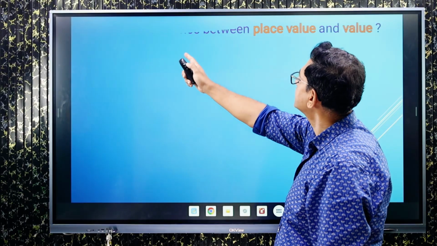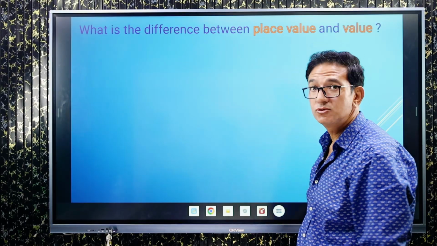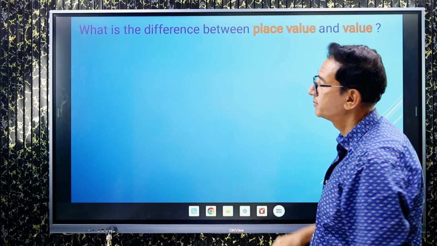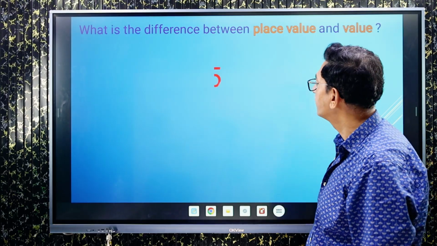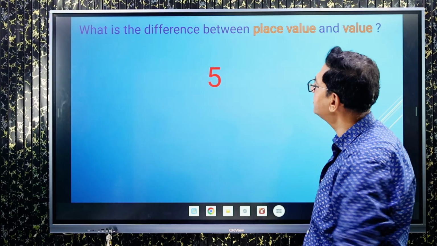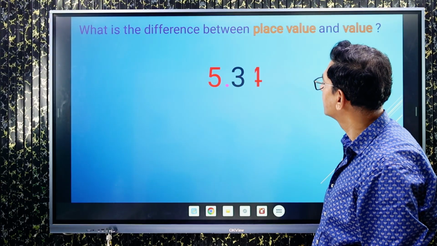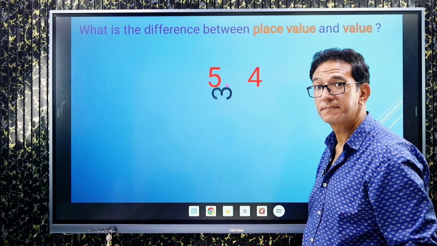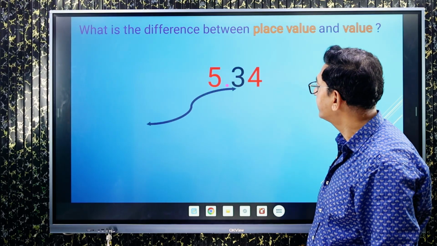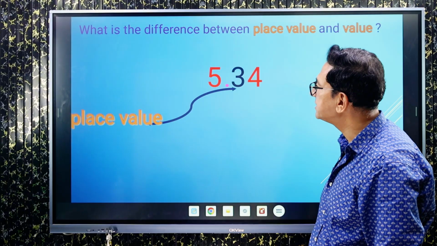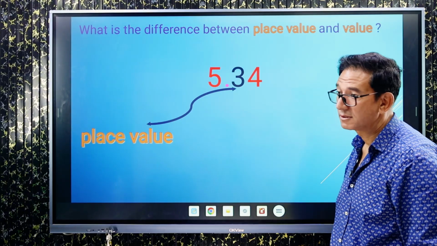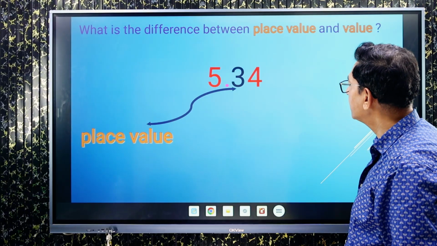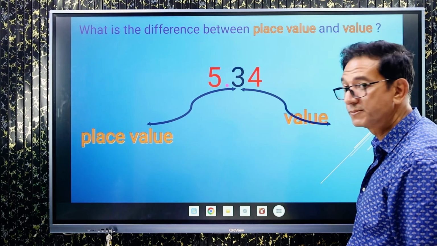What is the difference between the place value and value? For example, if we have this number and we are talking about 3, 3 has a place value and it has a value.